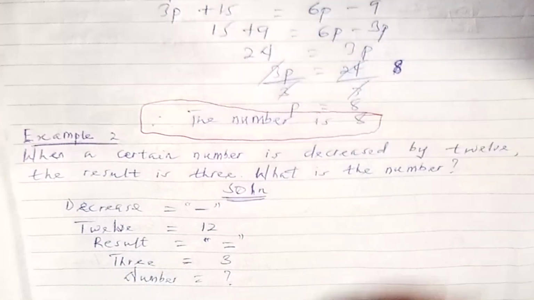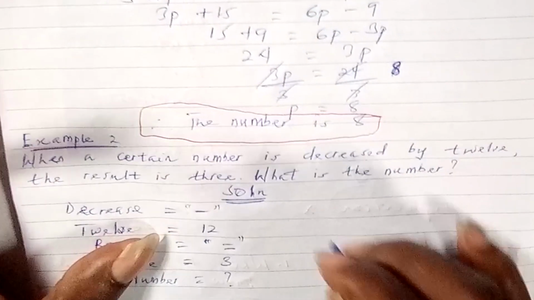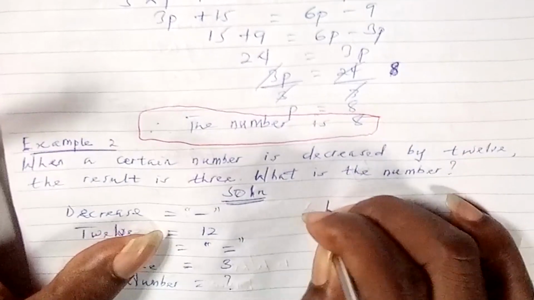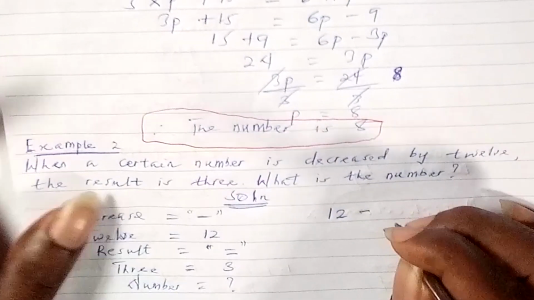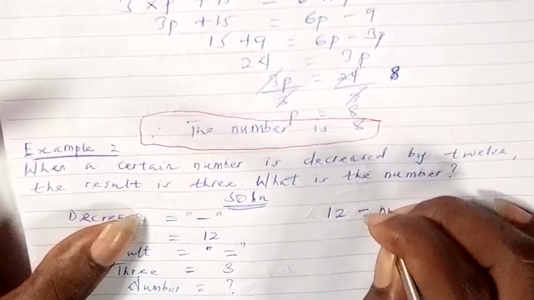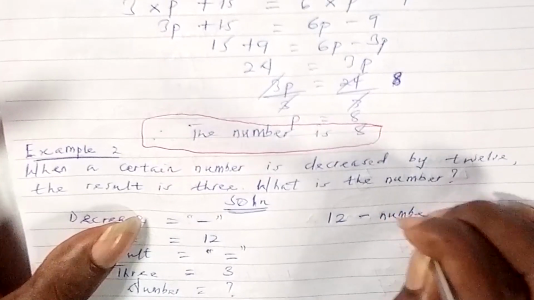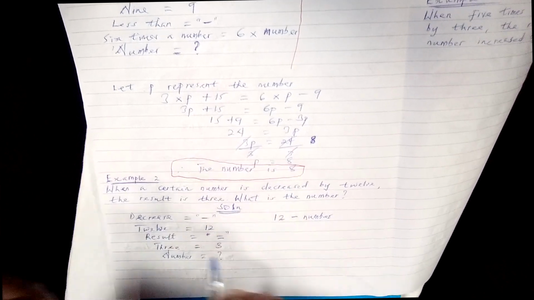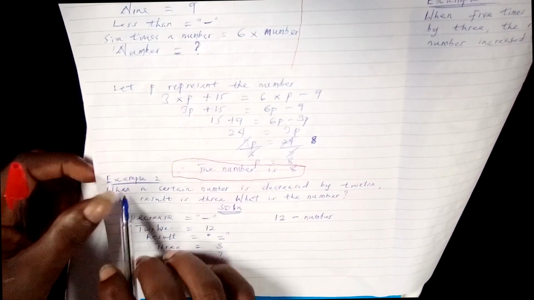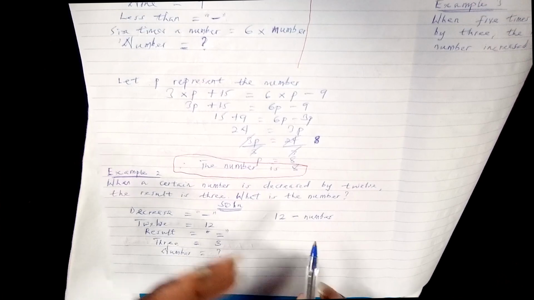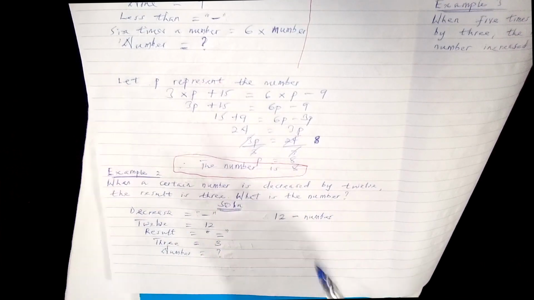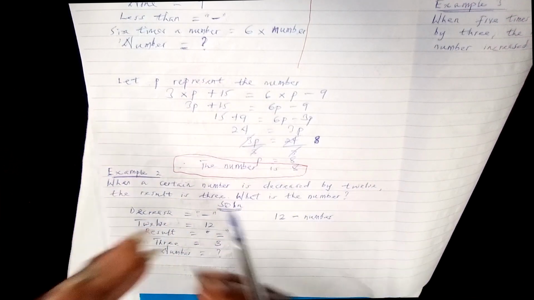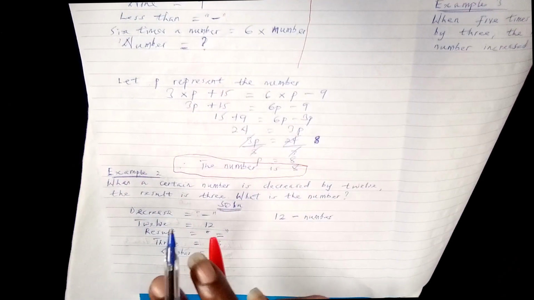Remember, it is decreased by 12, so it has to be 12 minus the number. But it is not the number minus 12.